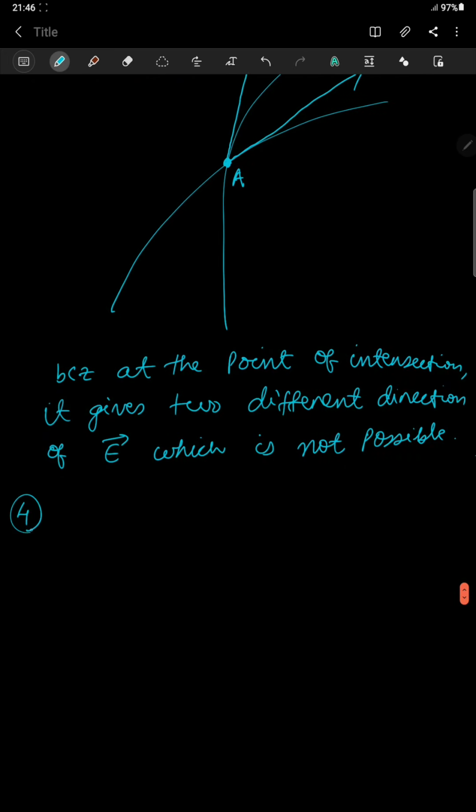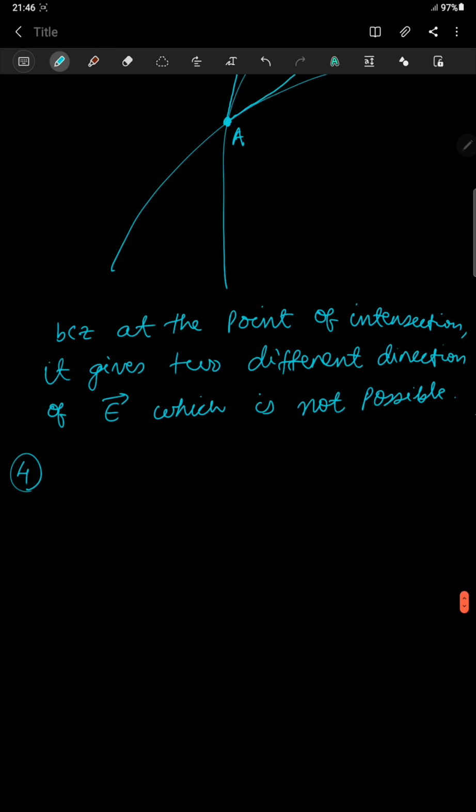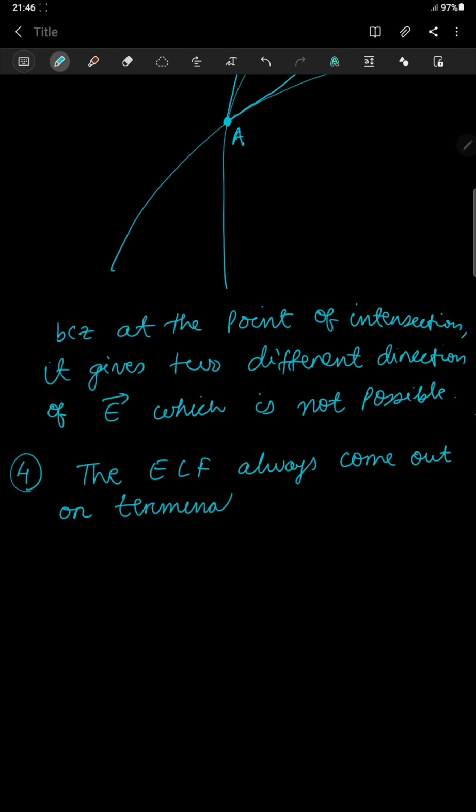Now getting into the fourth one, it tells that the electric lines of force always come out of or terminate into the charges normally. Terminate means getting into the charge, and coming out means leaving the charge.